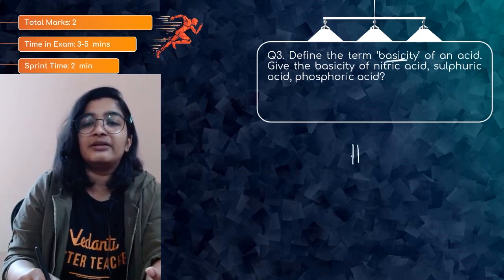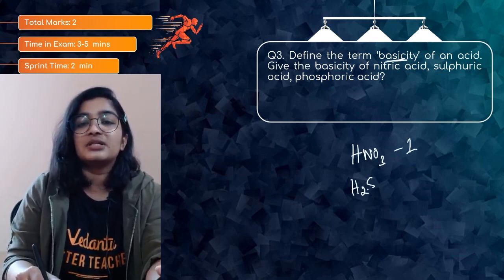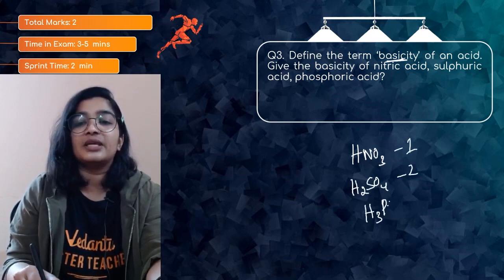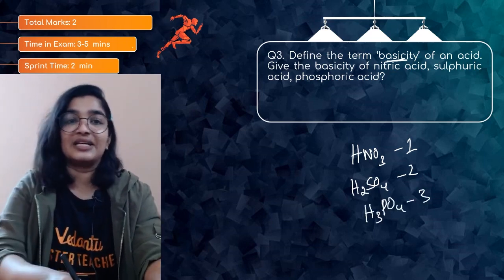The basicity of nitric acid is 1, sulfuric acid is 2, and phosphoric acid is 3. That's it, you'll get 2 marks.